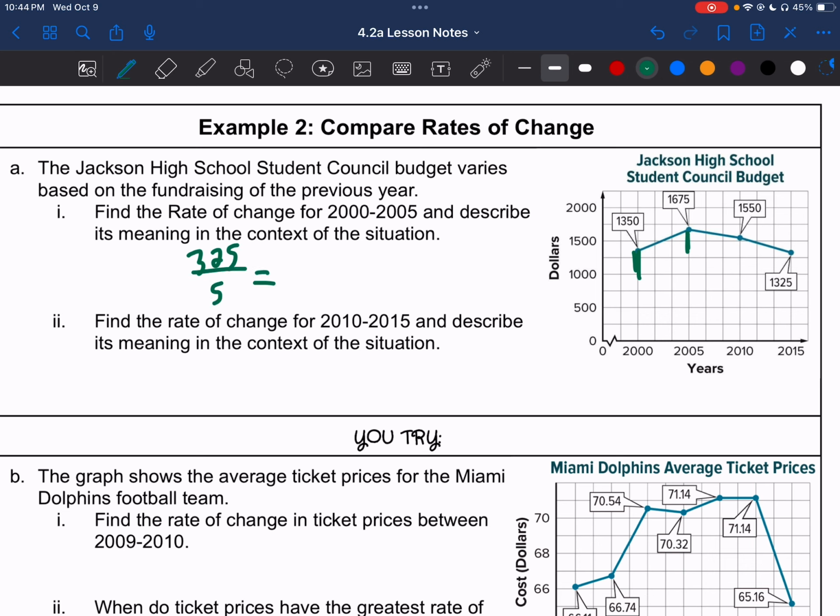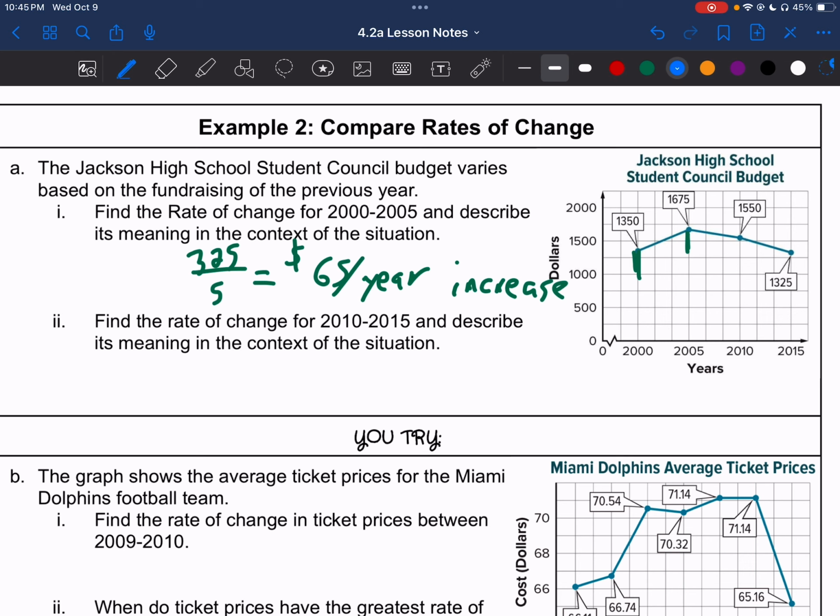And so 325 divided by 5 is going to give us 65, and that is going to be dollars per year, and that's an increase. So from that time period, your average is $65 per year. It's going to go up in that time period.